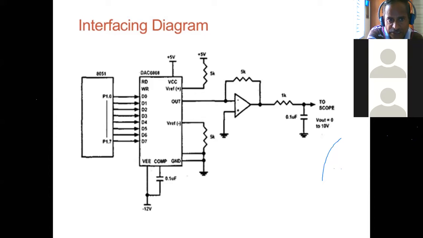That's why the digital signal in the microcontroller is applied to the DAC IC, and we use port 1 as the output port. Here I have used port 1, but it is not necessary to use only port 1. We may use port 0, port 1, port 2 or port 3. Any one of the 4 ports we may use, whichever is free.